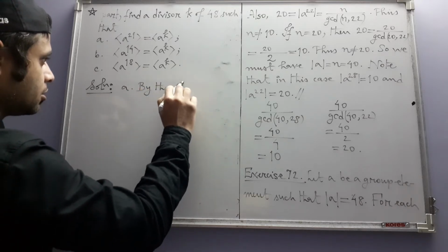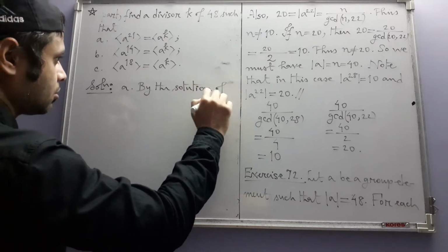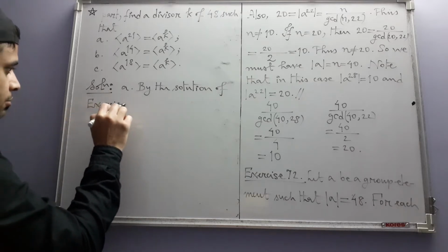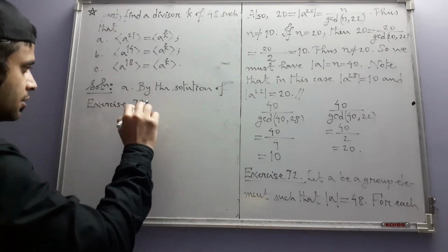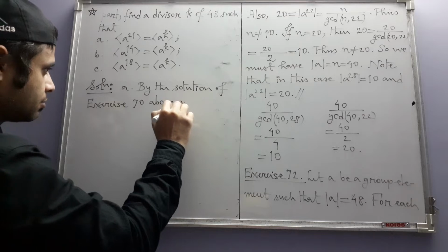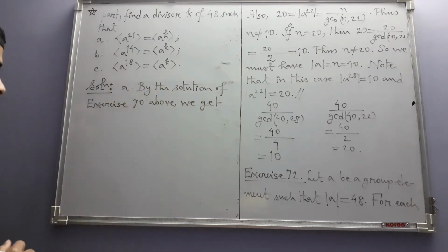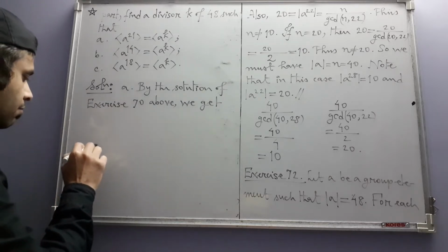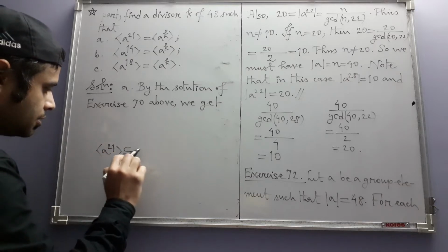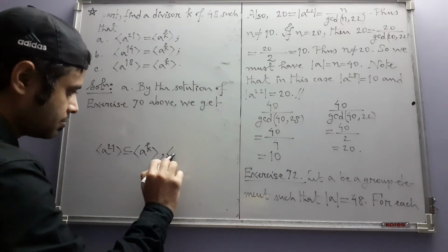By the solution of exercise 70 above, we get what? You see, we want both these inclusions to be true, this as well as this.